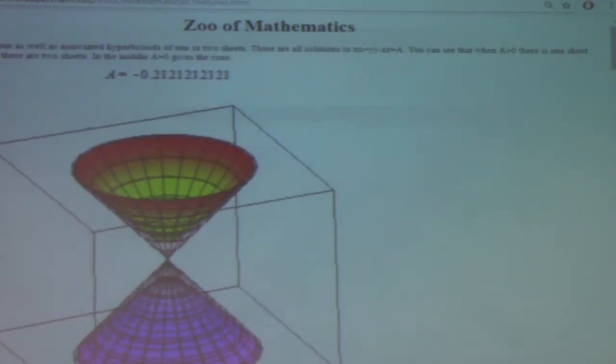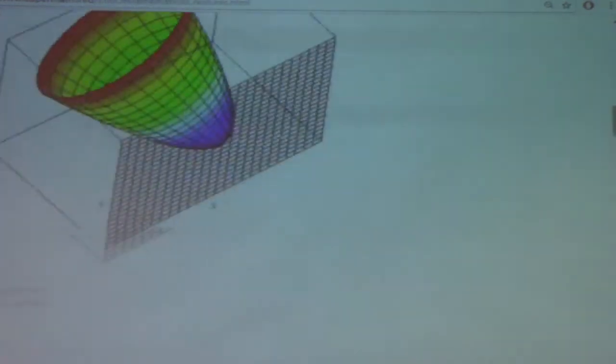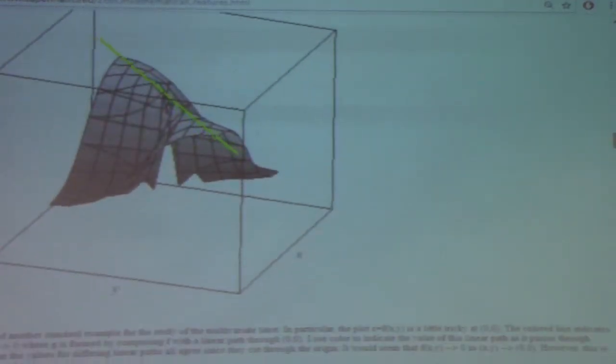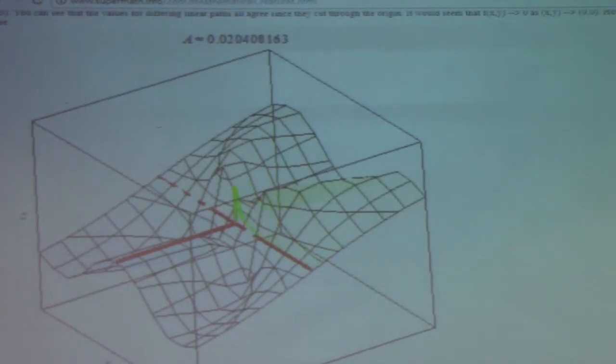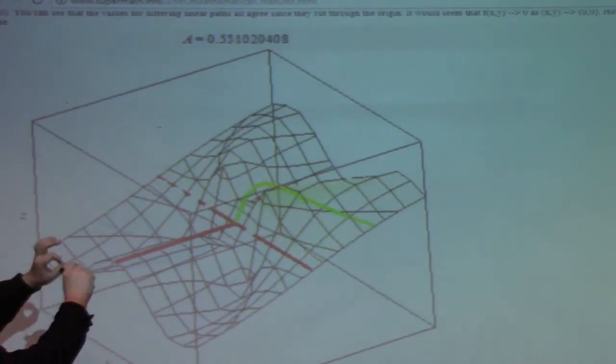So down here, we have now gotten to this part of the zoo. Here it is. Actually, this is one where the linear paths actually disagree, which is not the one I was just talking about. This one here, these are different linear paths. When you look at their trace, what they go to on the graph, they give you these paths.